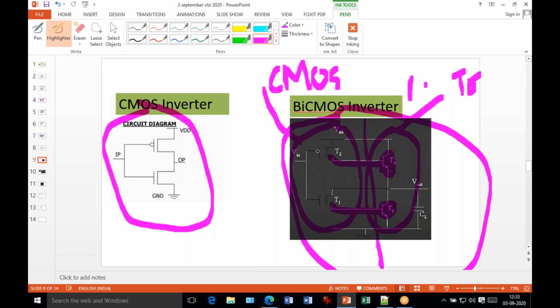So in this left side is CMOS, and in the right side this is a BiCMOS. So now just analyze this circuit.